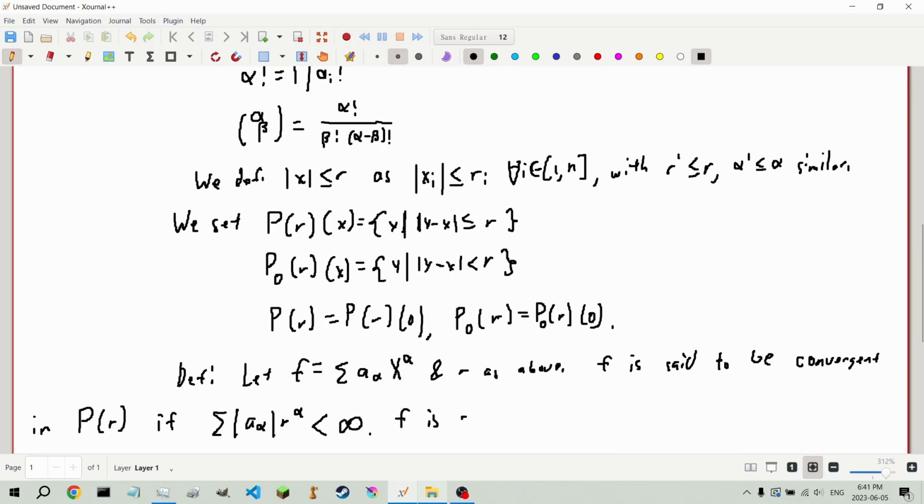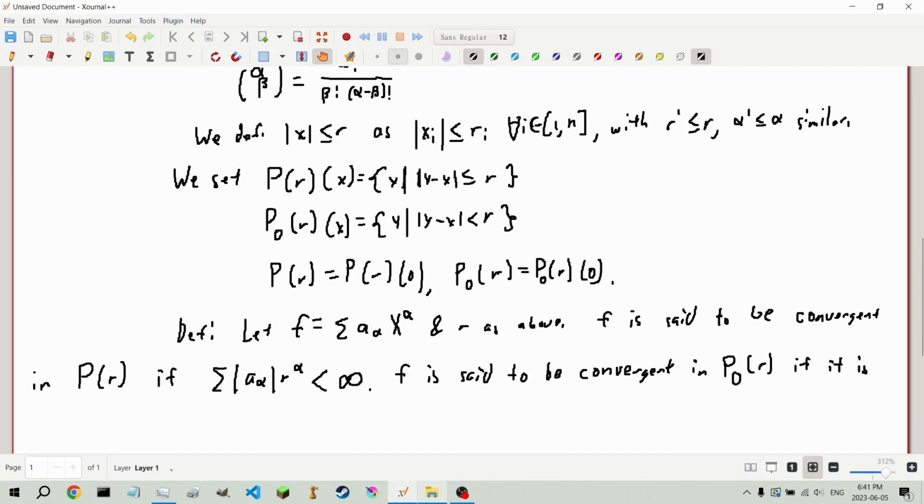f is likewise said to be convergent in the strict polydisk of radius r if it is convergent in the polydisks of all radius smaller.